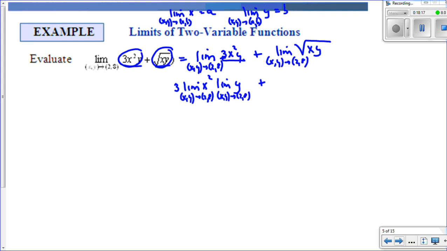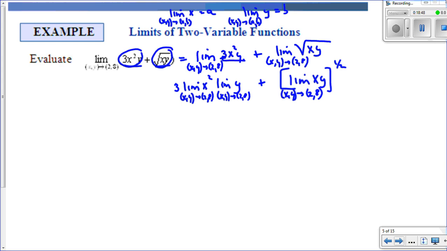And now here I've got xy to the 1/2. And when the 2 is even, as long as the x and y are positive, I can say that's the same thing as just the limit of the xy, to the 1/2. Now, xy isn't always positive, but since I'm approaching the point 2,8, I can assume I'm close to 2,8 so that the x and the y are both going to be positive.